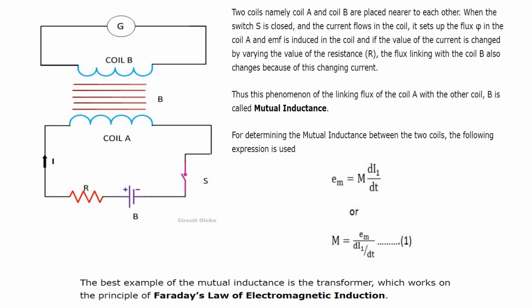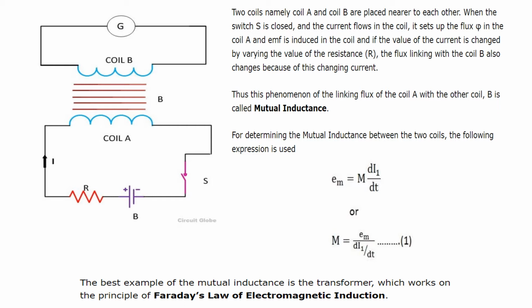If the value of the current is changed by varying the resistance R, the flux linking with coil B also changes because of this changing current. Thus this phenomenon of the linking flux of coil A with the other coil B is called mutual inductance.